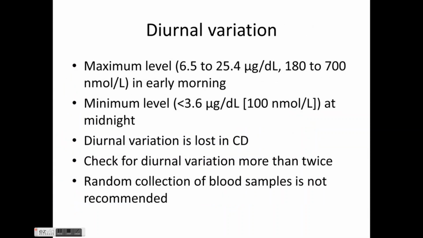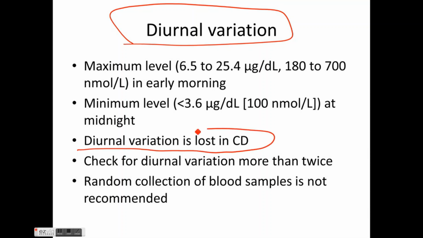Let's also talk about the diurnal variation, which is normally present in the ACTH cycle as a part of the normal circadian rhythm. This diurnal variation is lost in Cushing's disease. Otherwise, in a normal individual, in the early morning, we have the maximum levels, which can range from 6.5 to 25.4 microgram per deciliter, and the minimum level is at midnight, which is less than 3.6 microgram per deciliter.